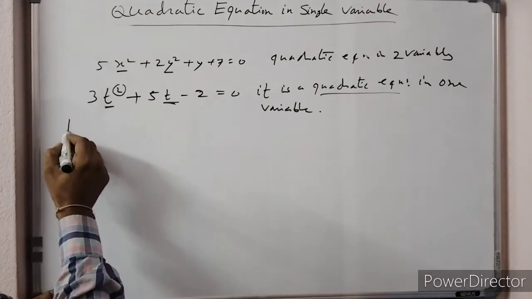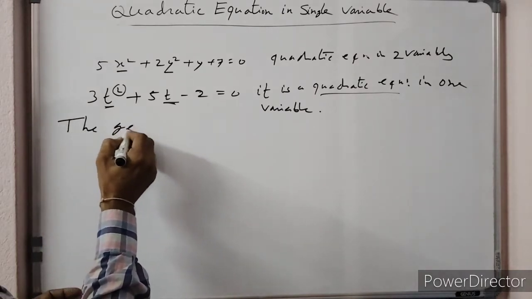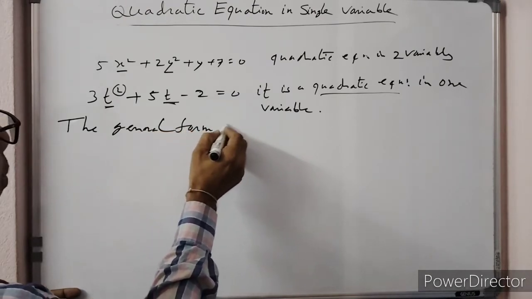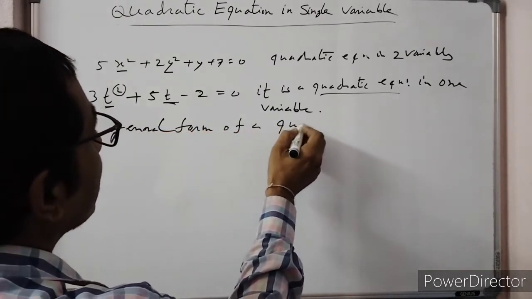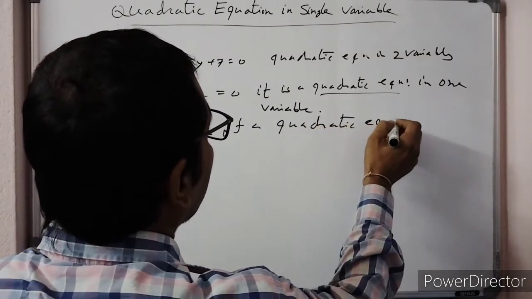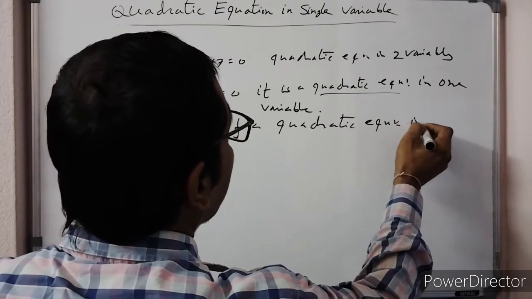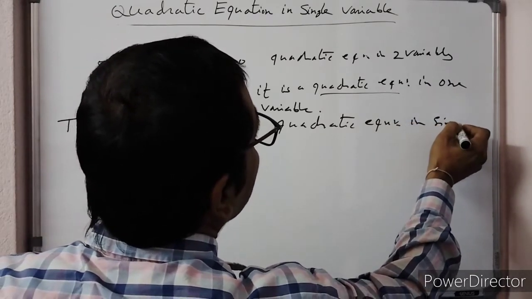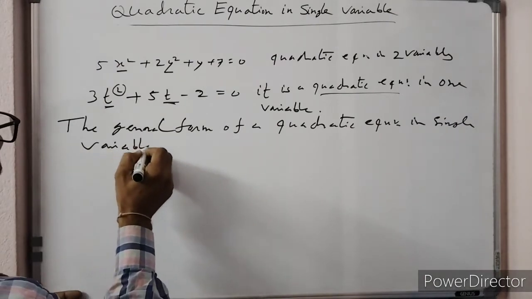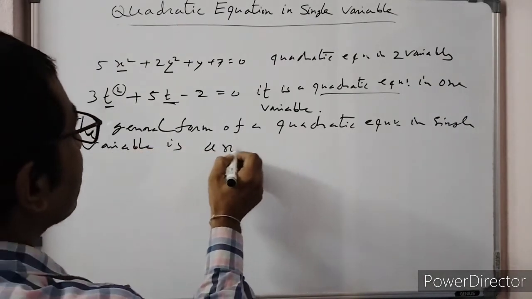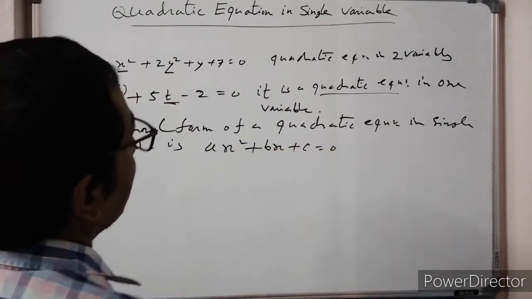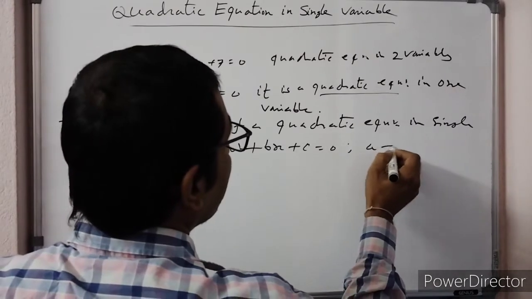The general form of a quadratic equation in single variable is ax square plus bx plus c equal to 0, provided a not equal to 0.